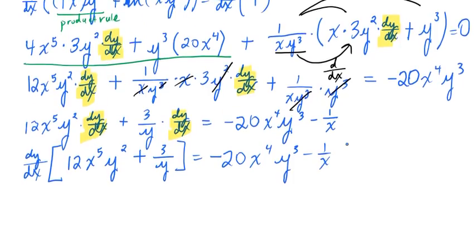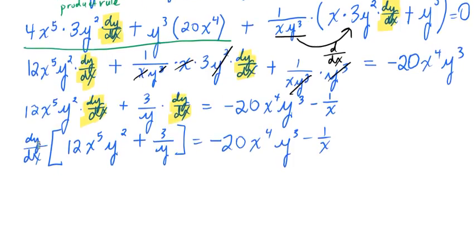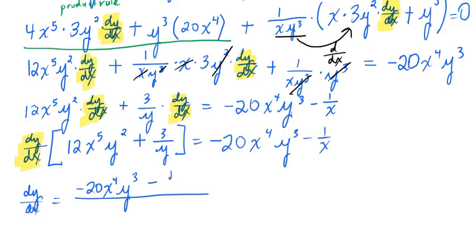Now we're almost done. We just need to get dy/dx by itself, and we can do that by dividing both sides by this whole giant factor. So dy/dx equals negative 20x to the fourth y cubed minus 1 over x, all over 12x to the fifth y squared plus 3 over y.